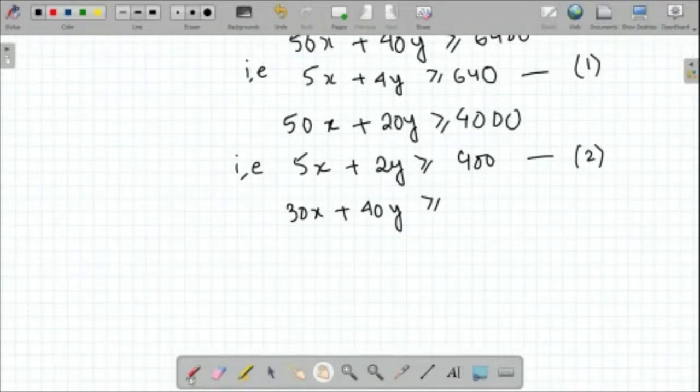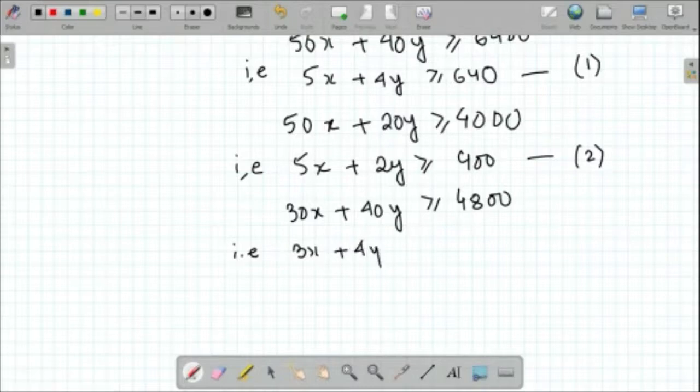Again 10 is common, so it will be 3x plus 4y greater than or equal to 480. So this is my third equation.